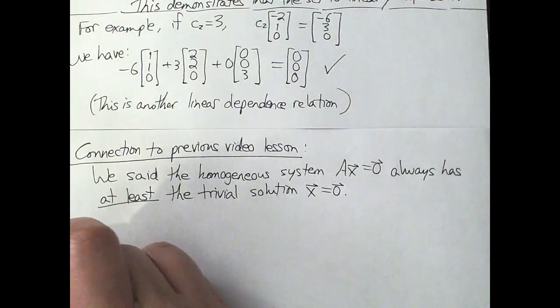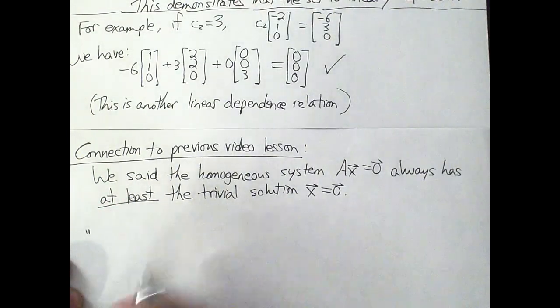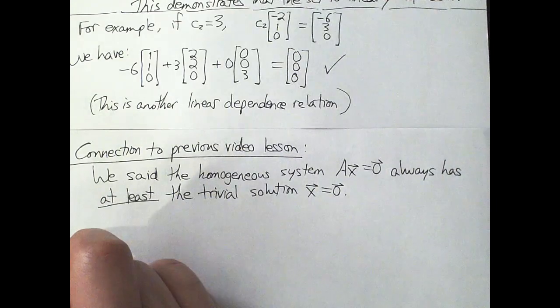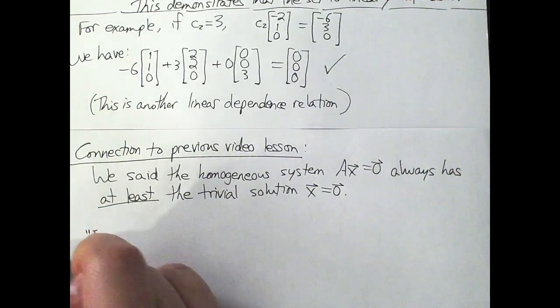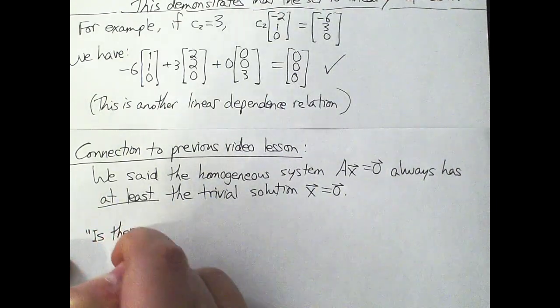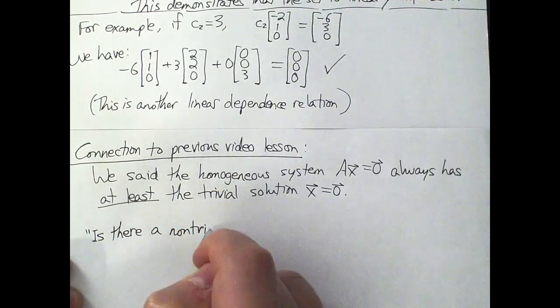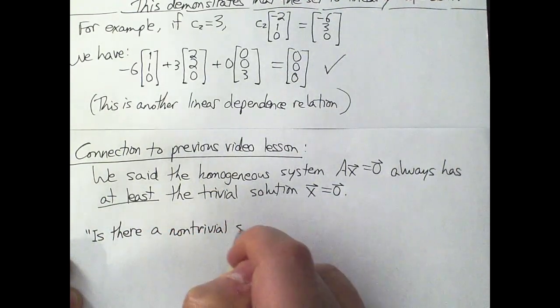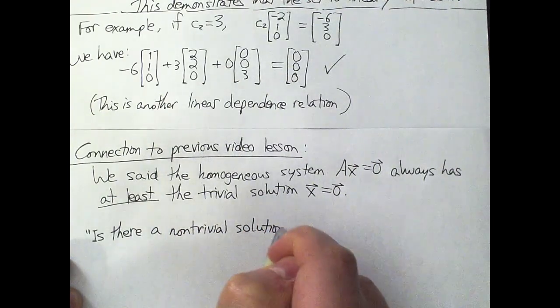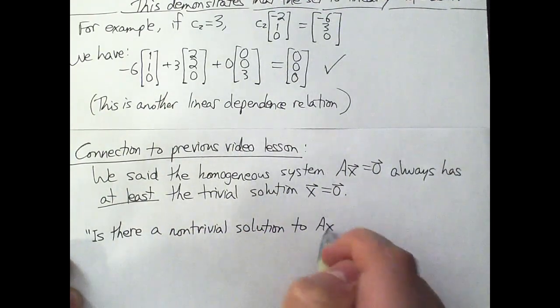So I'm going to put this in quotation marks because I'm putting it as a sentence, or a question I'm asking. Is there a non-trivial solution to AX equals 0?